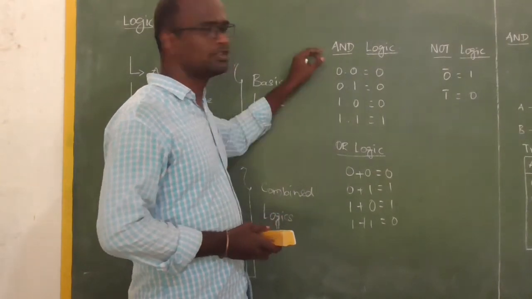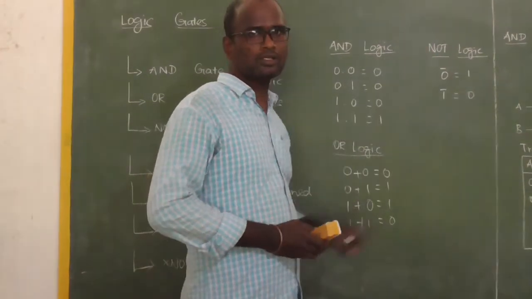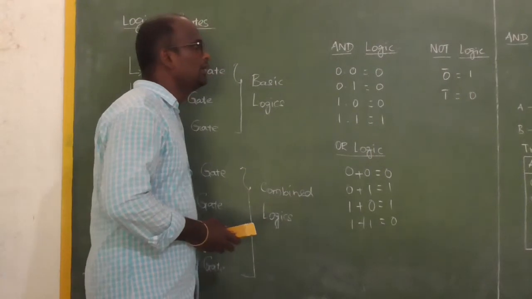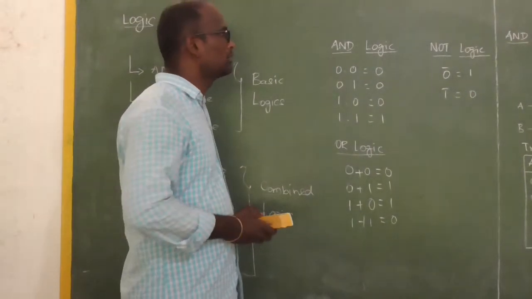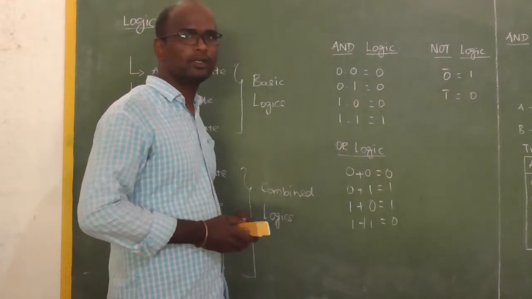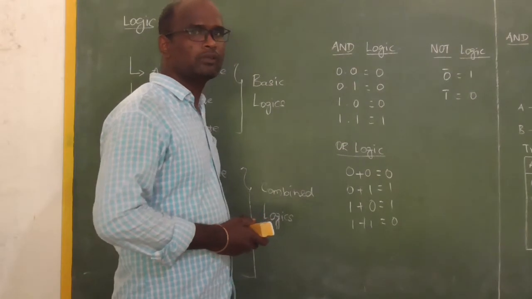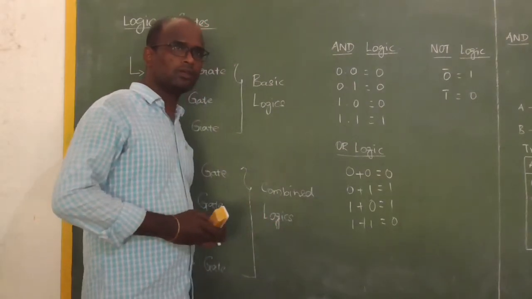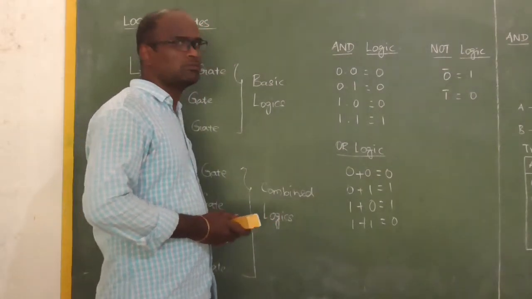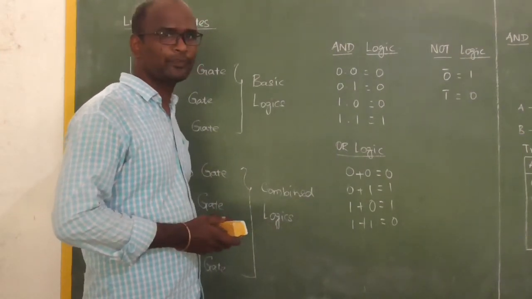What are the logical operations? AND operation, OR logic, and NOT logic. So totally there are 10 postulates according to these 3 logical operations. Based on these, we can derive more theorems in Boolean algebra.